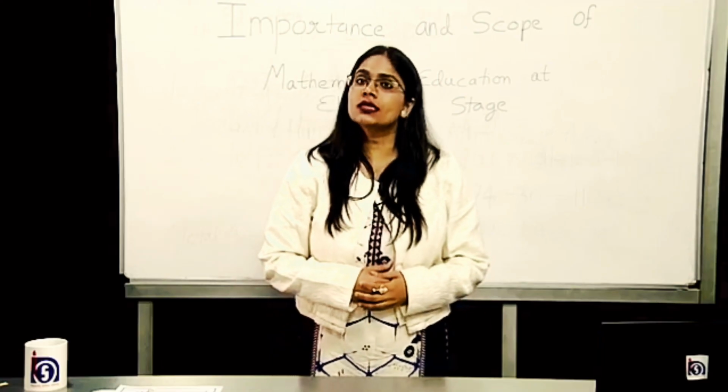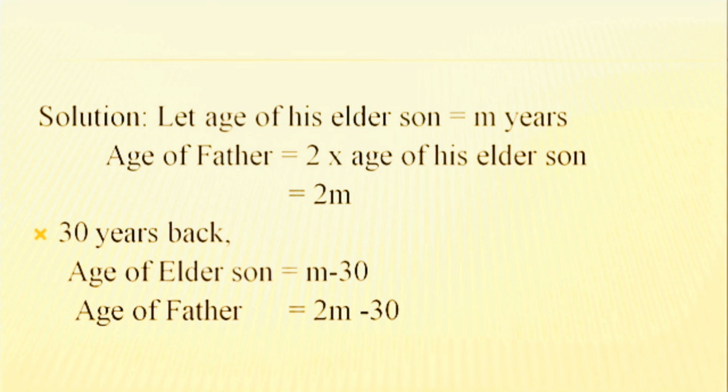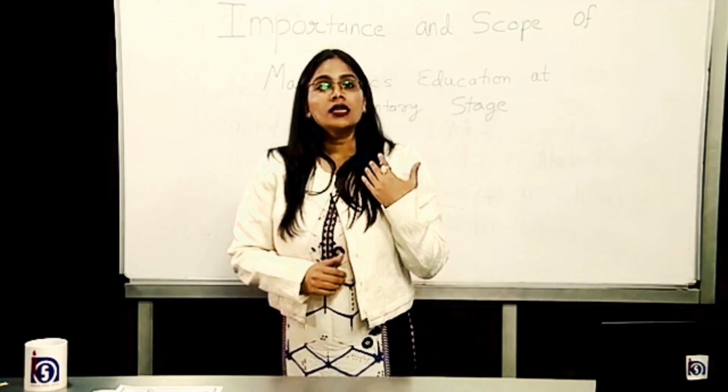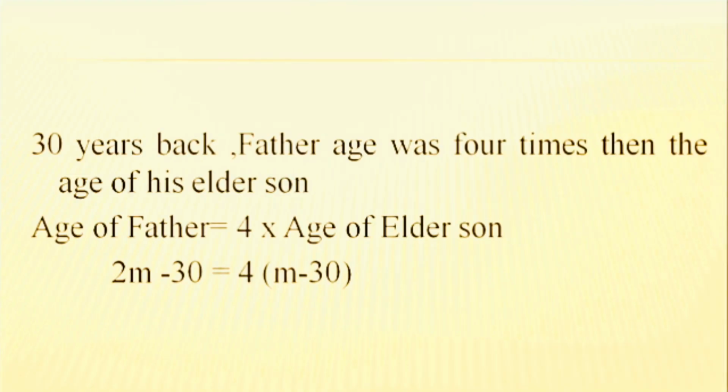So, here's the solution. Suppose the age of the elder son is m years. So, according to the equation, the age of the father is 2m. 30 years back, the age of the elder son equals m minus 30 and the age of the father 2m minus 30. According to the situation, 30 years back, the father's age was 4 times the age of his elder son.